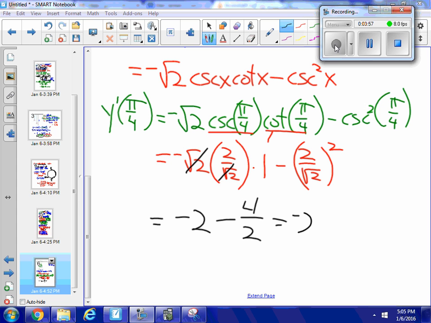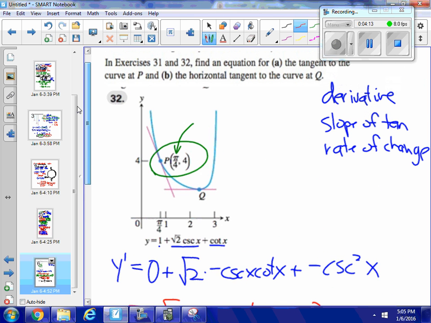So that's negative 2 minus 2, so negative 4. So the slope of my tangent line at this point right here is negative 4.